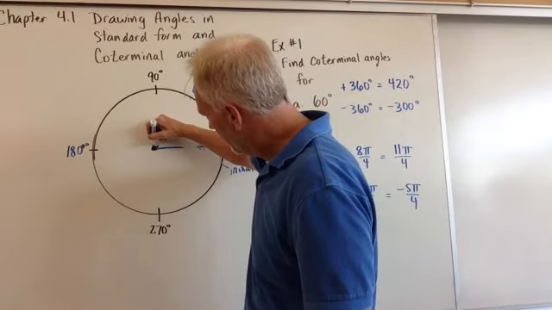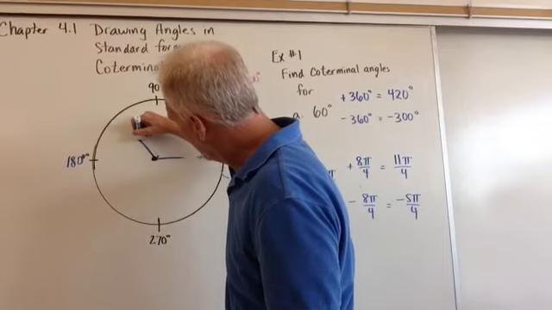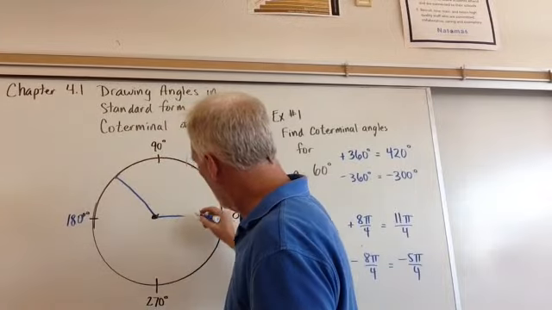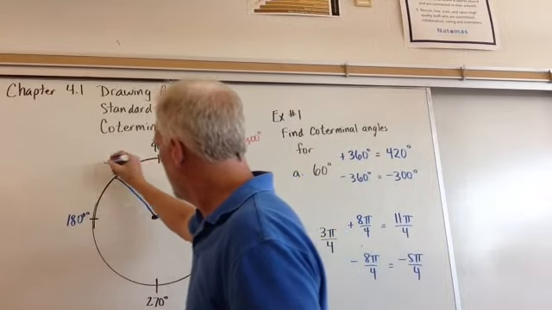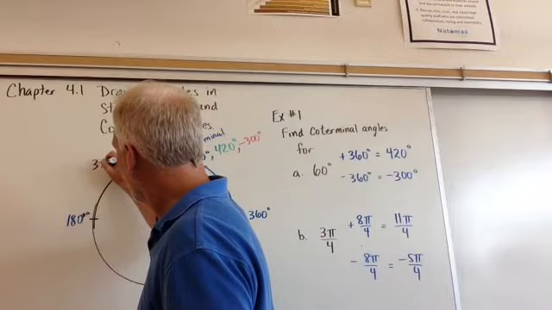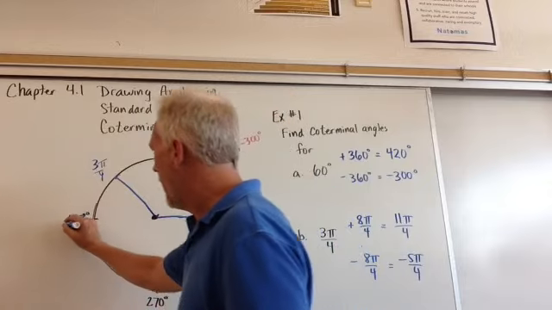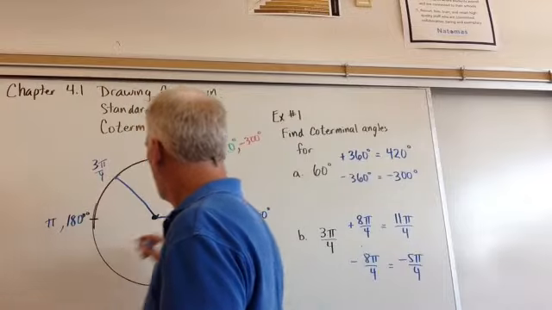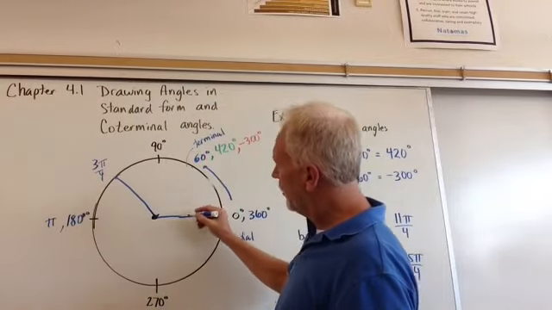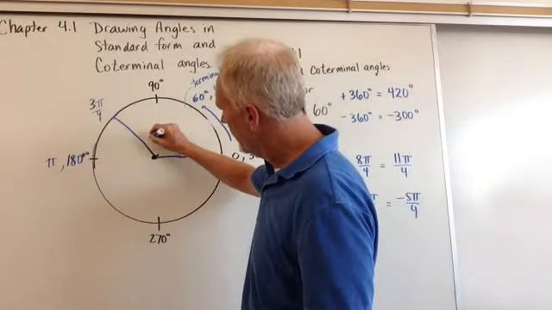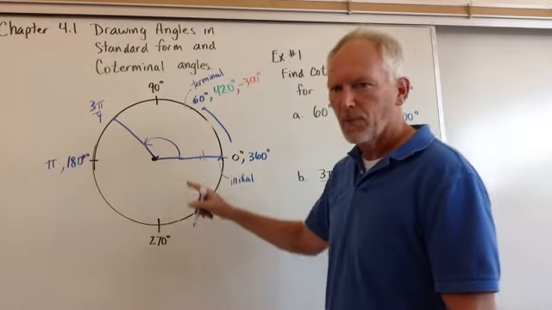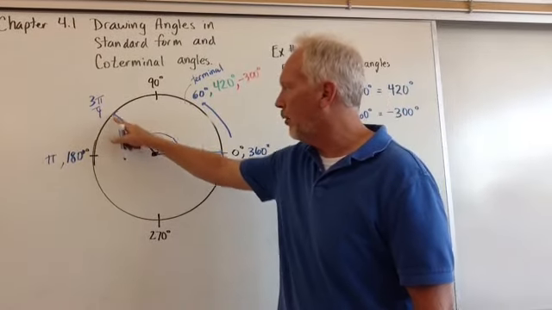No, quadrant 2, excuse me. 3 pi over 4 is up here. So in this case, this is 3 pi over 4. And this would be pi. So if I come counterclockwise, I'll end up there at 3 pi over 4.